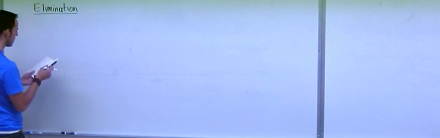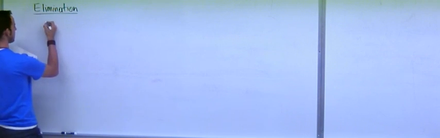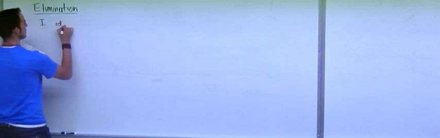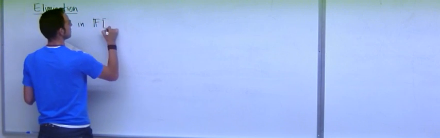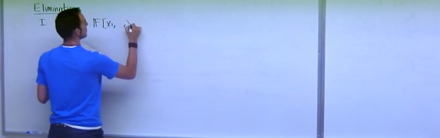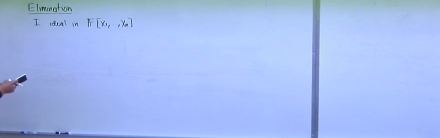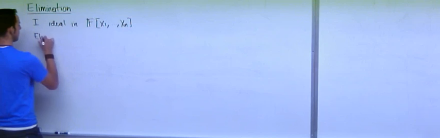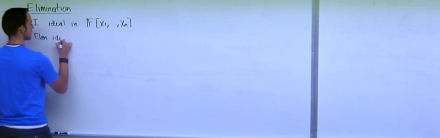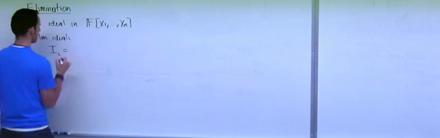Okay, so let's see. We were talking about elimination, right? And the idea was, given an ideal I in the polynomials over x1 up to xn, we wanted to compute the elimination ideals.